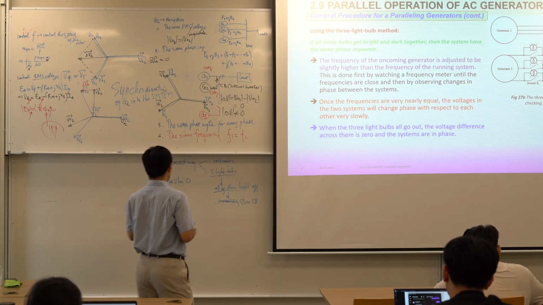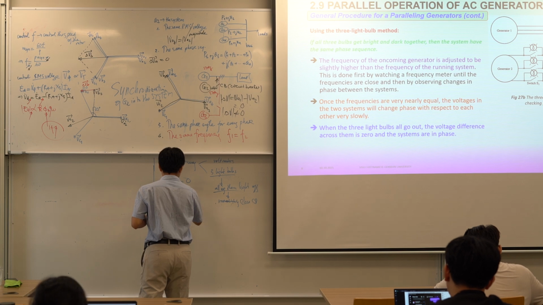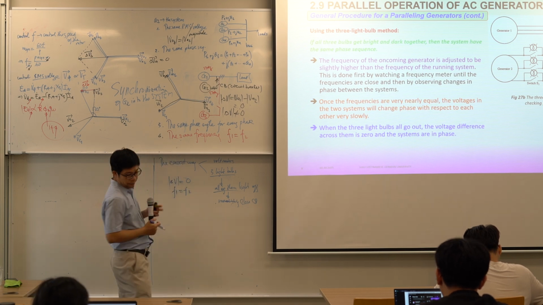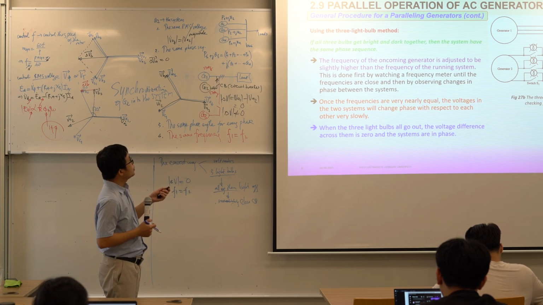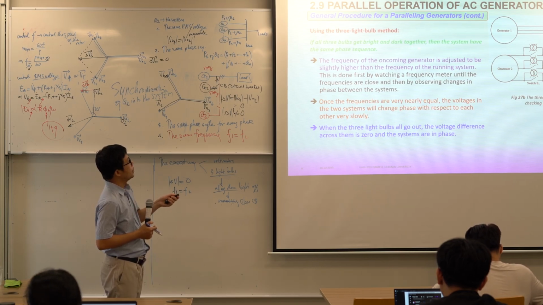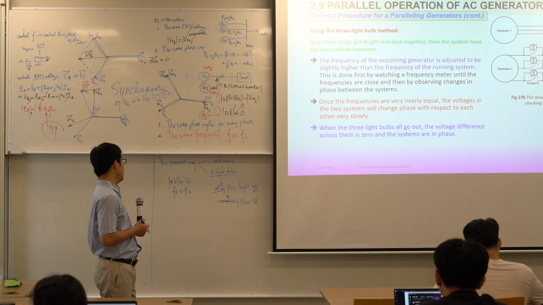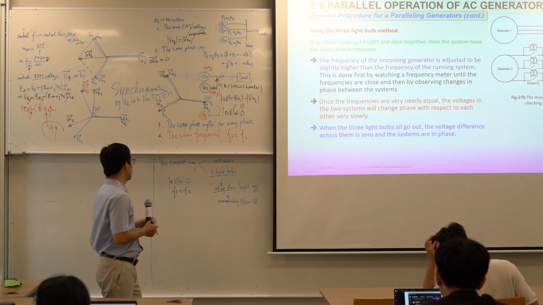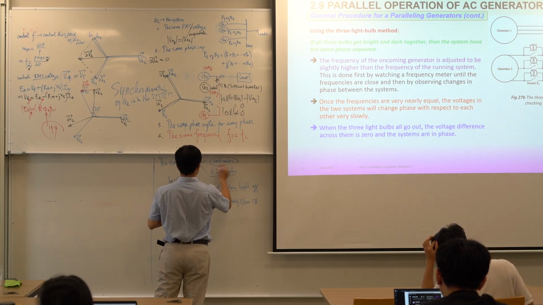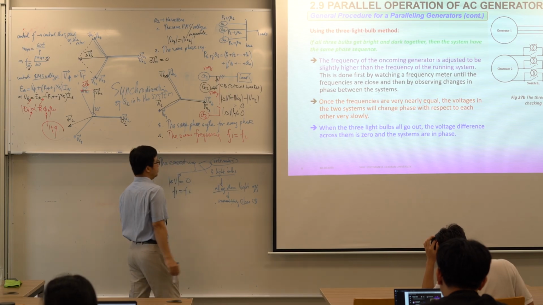And then we should have the same frequency. If all three bulbs get bright or dark together, then the systems have the same phase sequence. We can also use a voltmeter to double check delta V.